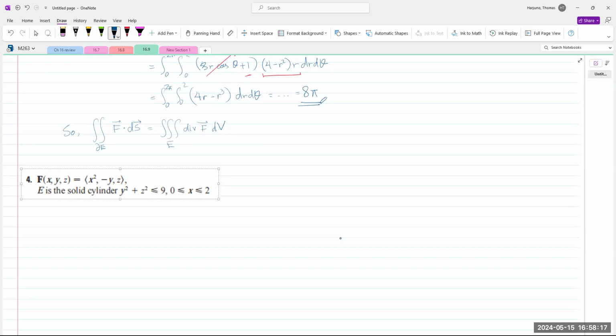So on the yz plane, that's a radius of 3. So in 3 dimensions, the solid looks like this.